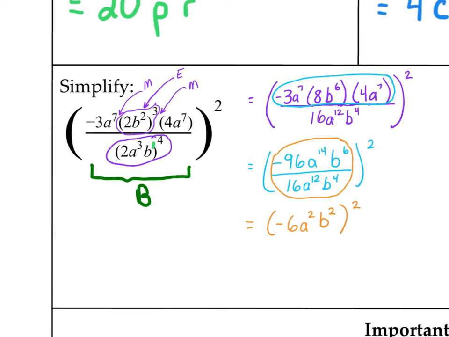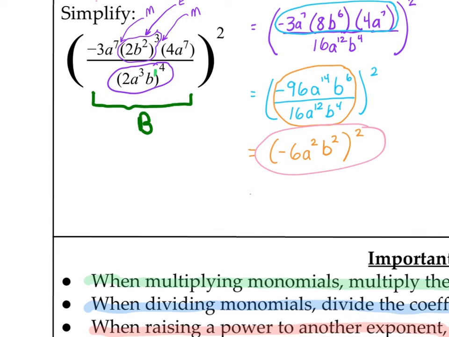And the very last thing you're going to do is that exponent on the outside. So here again, you want to remember this coefficient of -6 gets an exponent of 2. So -6 squared is positive 36.